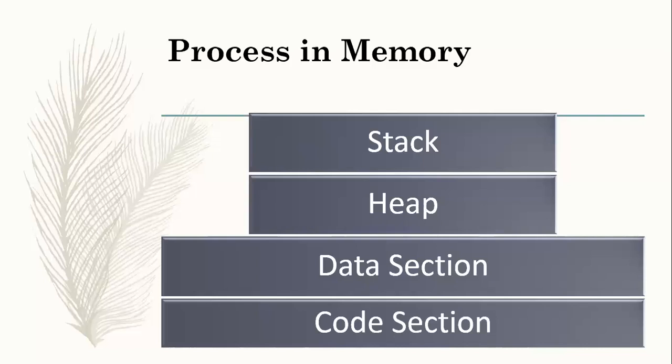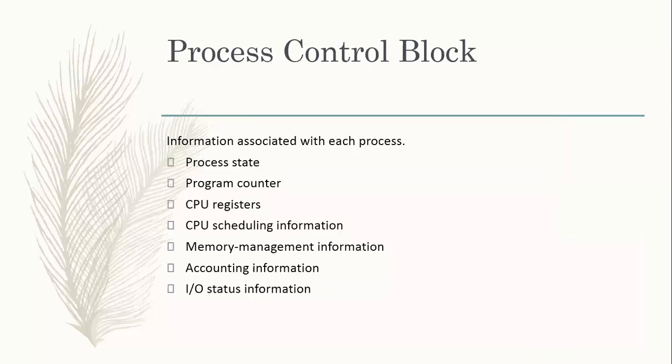And when we talk about process in memory, this is the generalized one, the manner in which a process is loaded into memory. The more specific one is known as the PCB, the process control block, which provides us more information about any process. Which kind of information do we require once we run any process, or at the time of loading into memory?